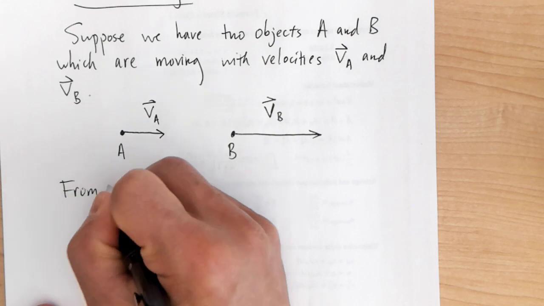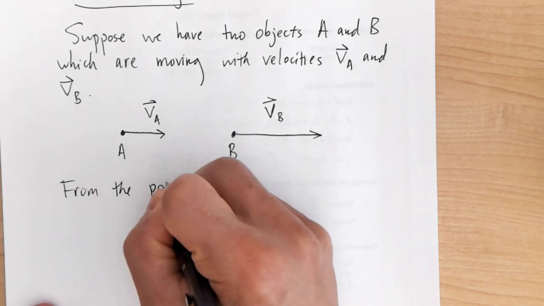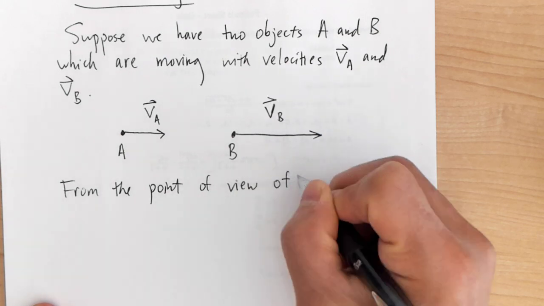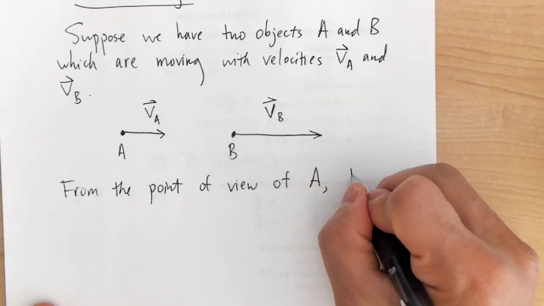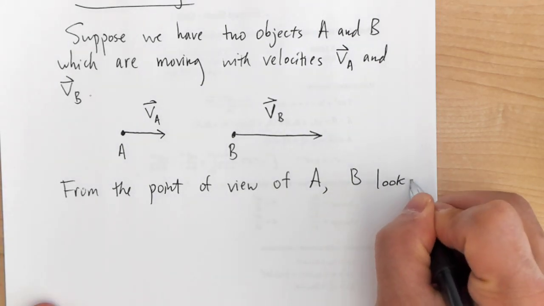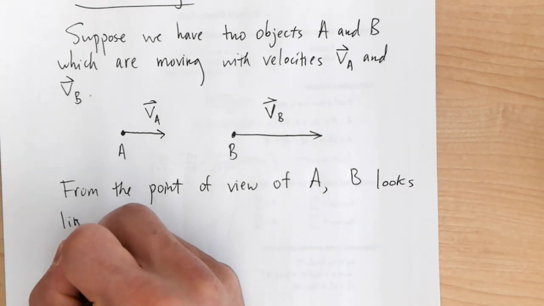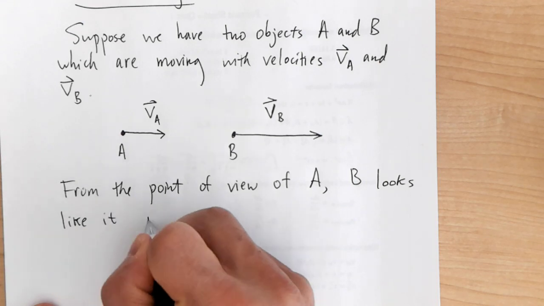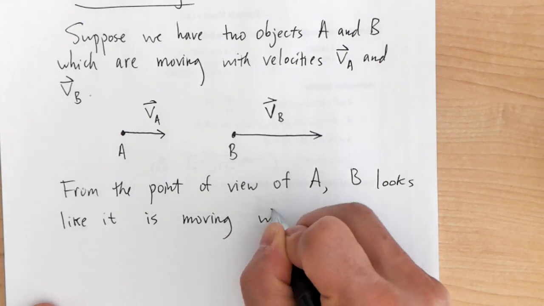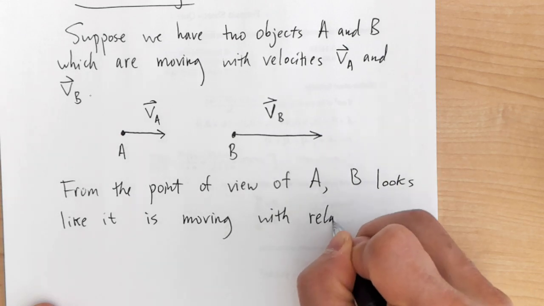From the point of view of A, B looks like it is moving with relative velocity.